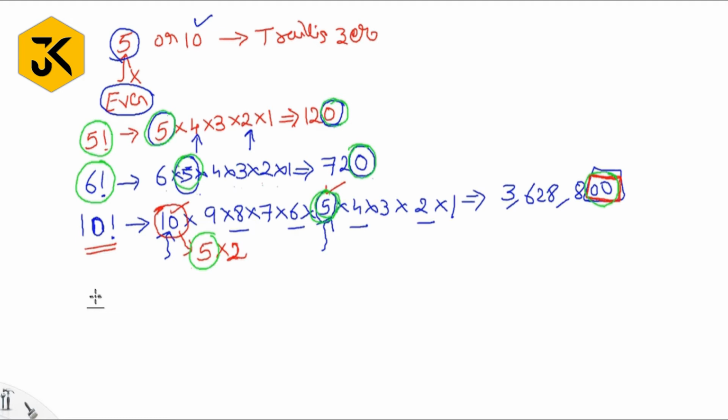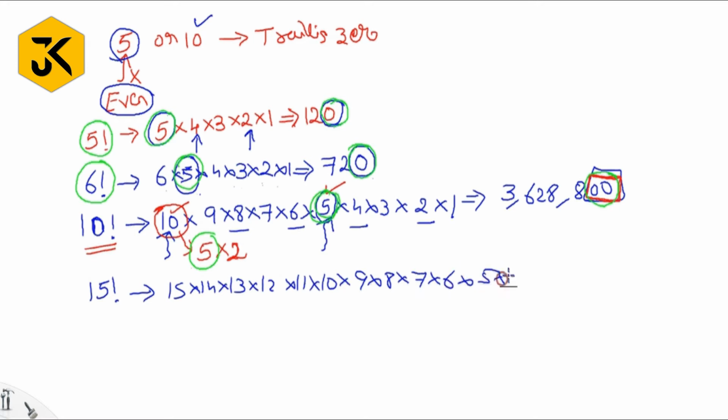Similarly, let us take 15 factorial. In 15 factorial, how many 5s are there? That you need to write, right? 15, 14, 13, 12, 11, 10, 9, 8, 7, 6, 5, 4, 3, 2, 1. So here, to identify how many trailing zeros are there in 15 factorial, you need to identify how many 5s are there.